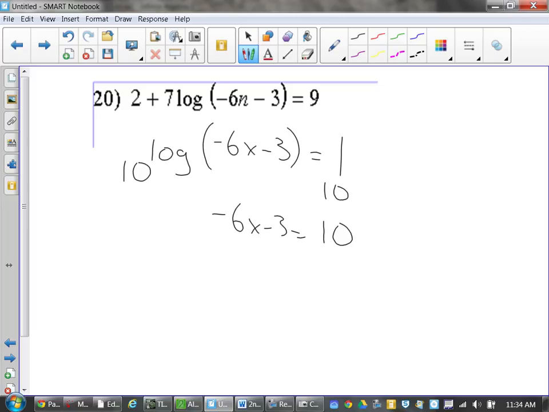Thank you, I forgot. Wait, what? You moved it over. I subtract 2, divide by 7. Oh, I mathed it. Do you subtract the 2?